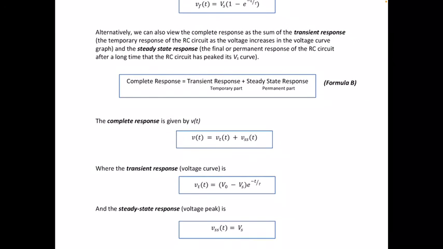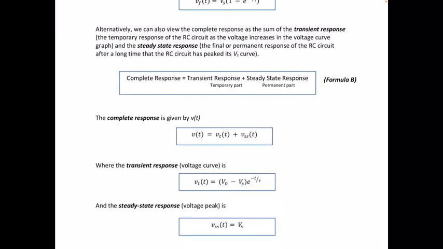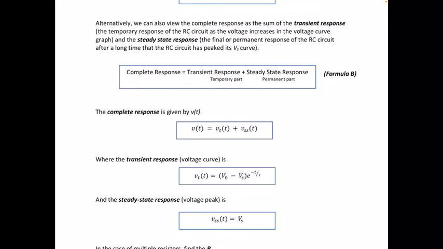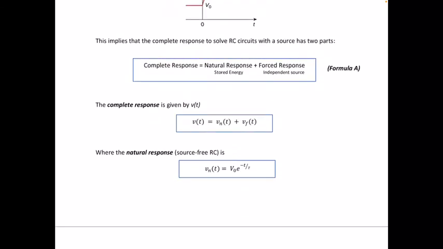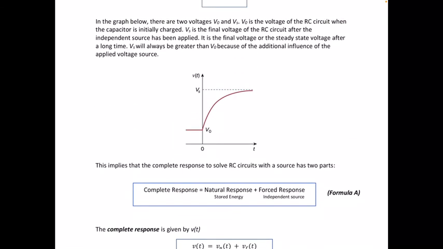because that is where we can obtain these formulas from the first order differential equations, which I'm going to do next. So the complete response is given by V(t), which is equal to V sub t plus V sub ss, in which our V sub t is our transient response, which is the voltage curve in this case.